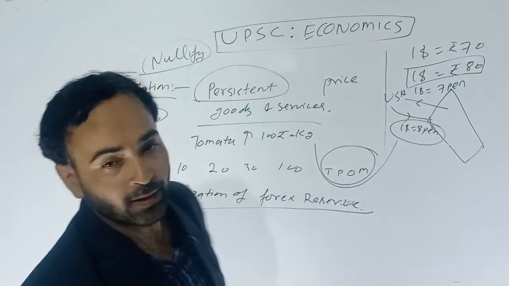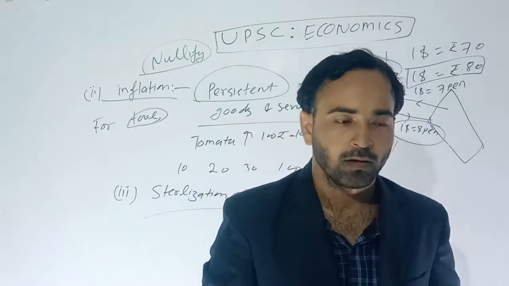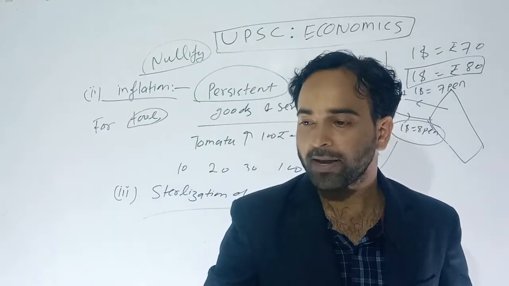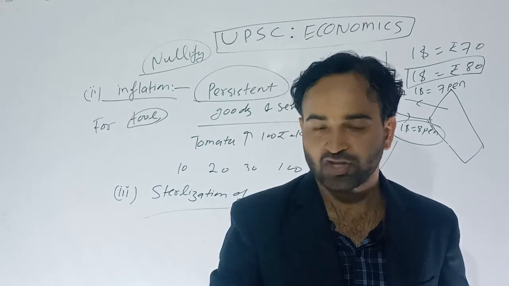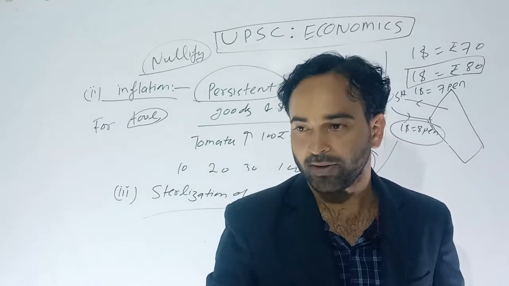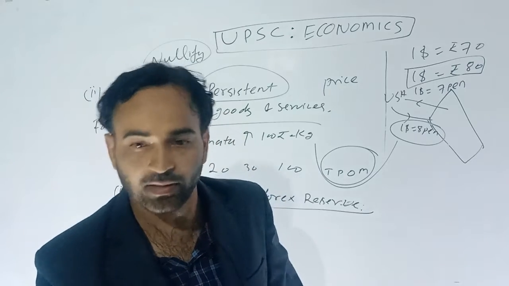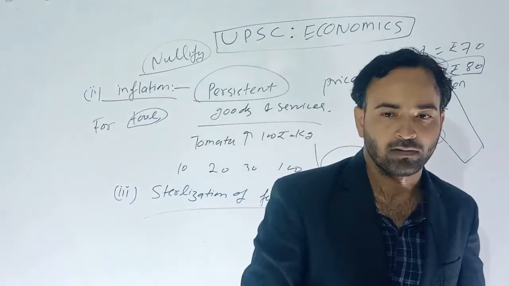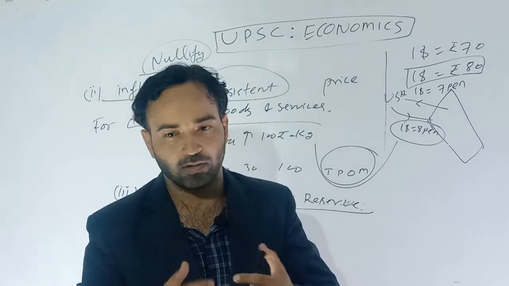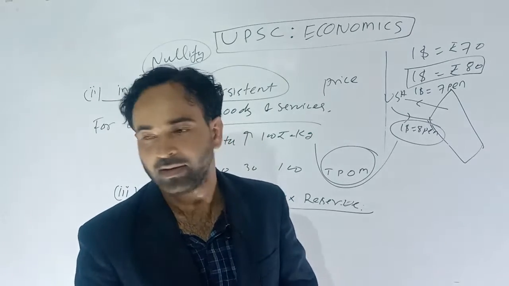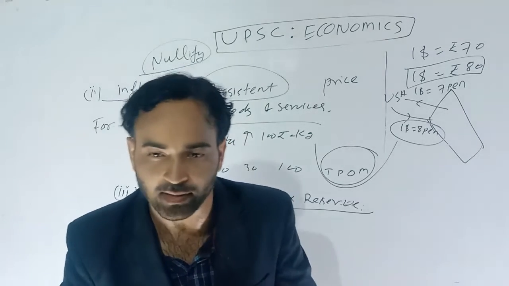And what is open market operation? RBI sells and purchases government securities in the market. This is the sale and purchase of government securities in the market. That is called open market operation.